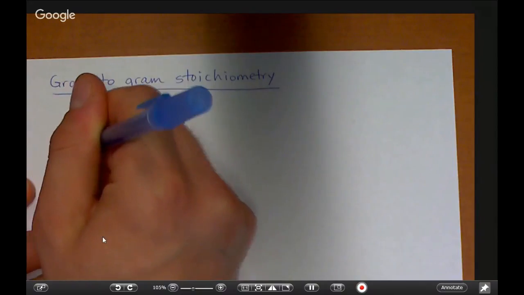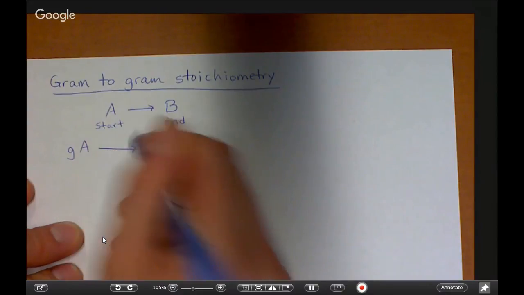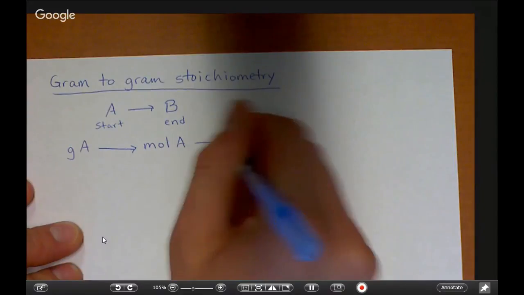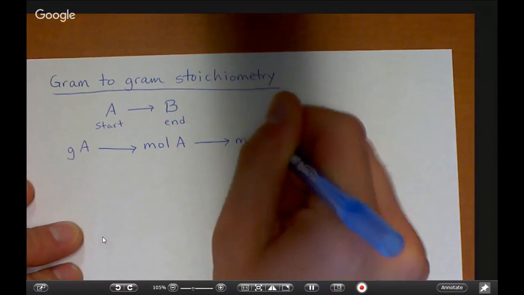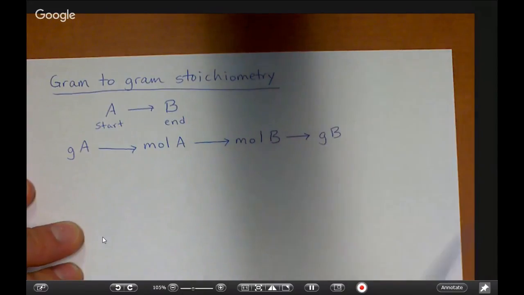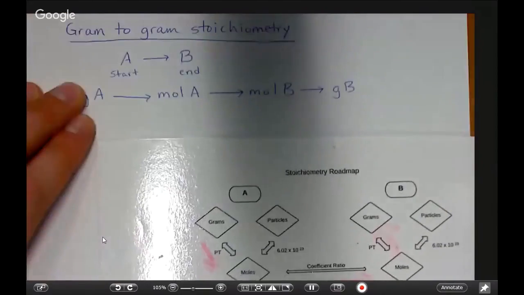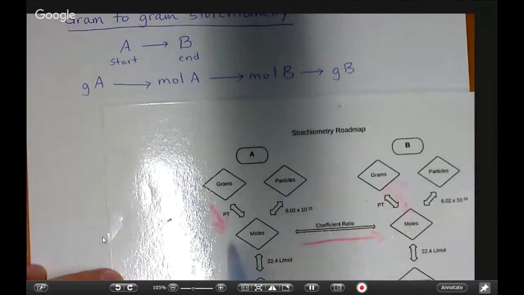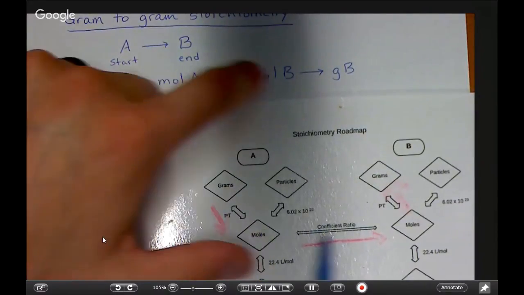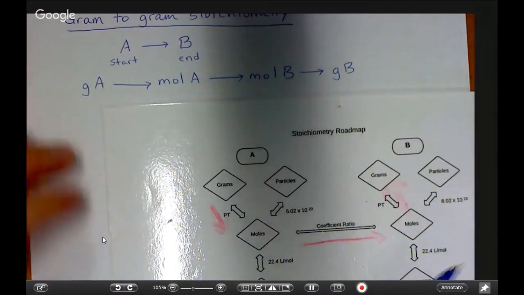So we would have grams of A, and we would convert this to moles of A, then moles of B, and then grams of B. So looking at the map here, grams of A, moles of A, moles of B, grams of B. So we're just writing it out in a linear fashion.